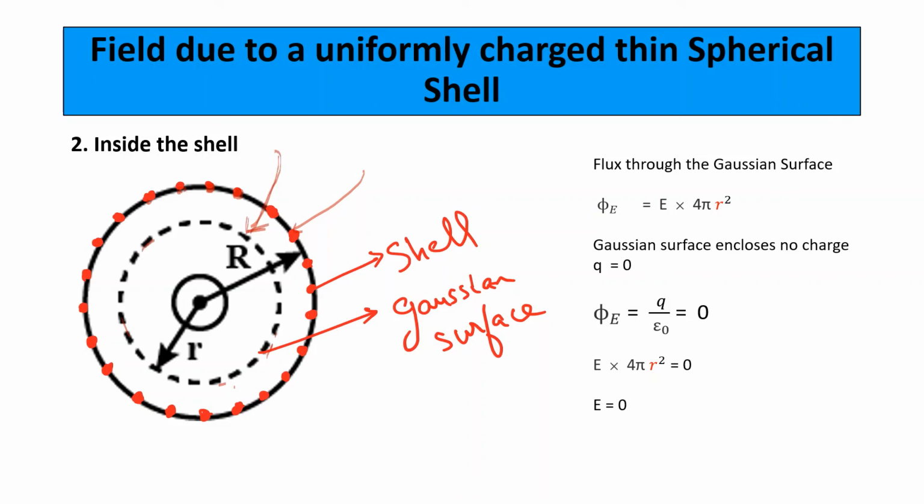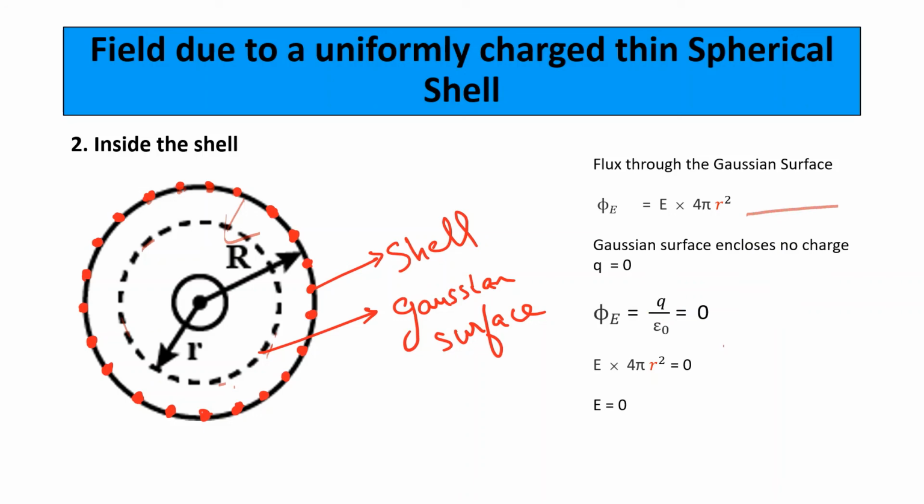Will there be any charge inside this Gaussian surface? No, there will be no charge as there are no charges inside this shell. Q is equal to 0. According to Gauss law, phi E is equal to Q by epsilon naught, which is equal to 0 as there is no charge inside this Gaussian surface.